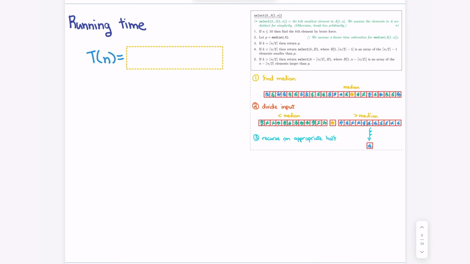So what would the running time of our algorithm be, assuming that median takes O(n)? How would I model it first? Yeah, so the median takes O(n) time, plus you do a recursive call of size n over 2.